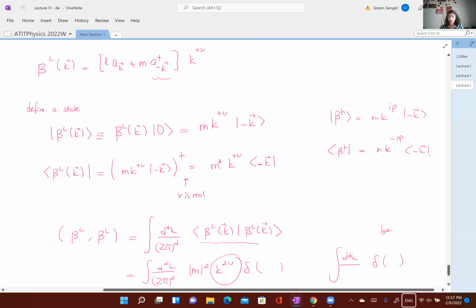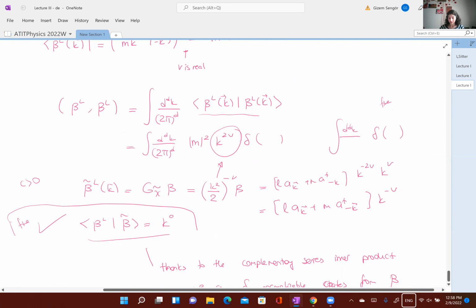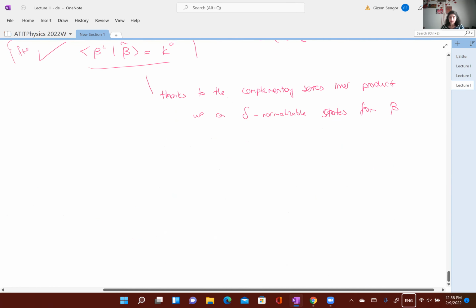So this is the kind of thing that the intertwining operator that we had to put in the middle for the complementary series does in some physical sense. But you can do these kind of exercises, and at the end of the day, what do you get?